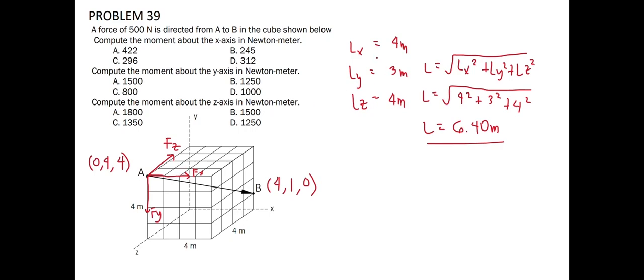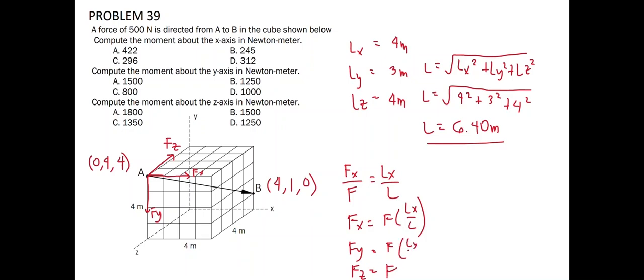The ratio of the x-component of the force to the overall force is equal to the x-component of the length divided by the overall length. So Fx equals force times Lx divided by L. Doing the same to the other components, we can solve for Fy and Fz. That is equal to force times the component divided by the length.